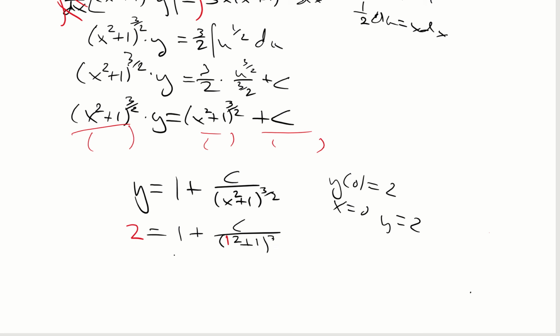Plus 1 to the 3/2 power. Interesting. 2 is equal to 1 plus c over, well, that's 2, isn't it? I got a different answer. Did I do that right? Oh, I'm plugging in 0. What am I doing? That's right. I must be losing it. This is 0 squared. So all of that really is just c, isn't it? So we get c is equal to 1.